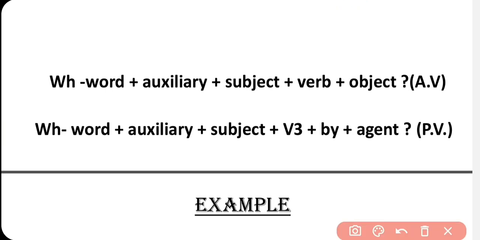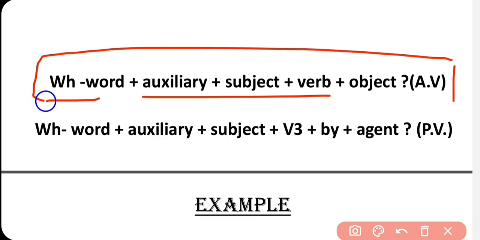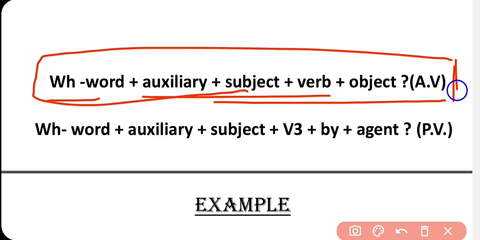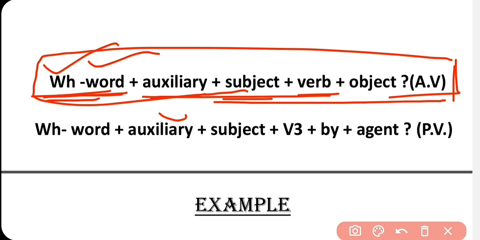So in conclusion, what will be the structure of the interrogative sentence? The active voice structure of the interrogative sentence will be in this way: WH word at the first place, then the auxiliary verb plus subject plus verb plus object.